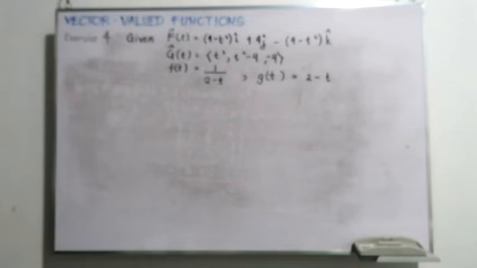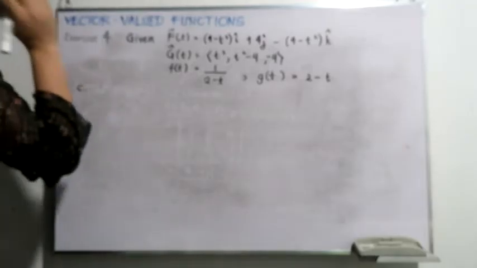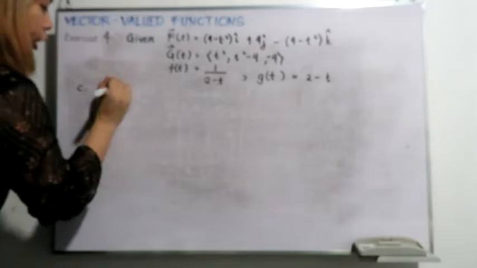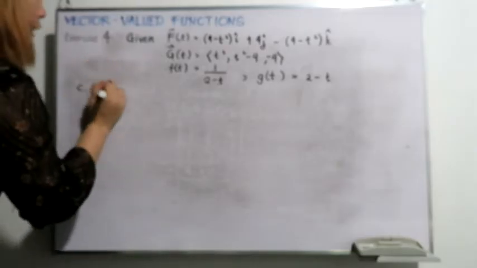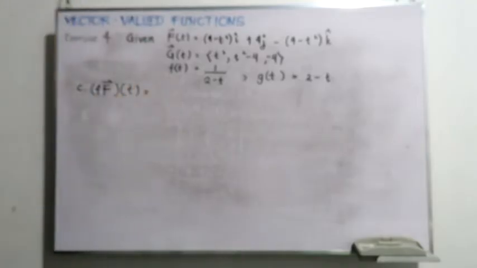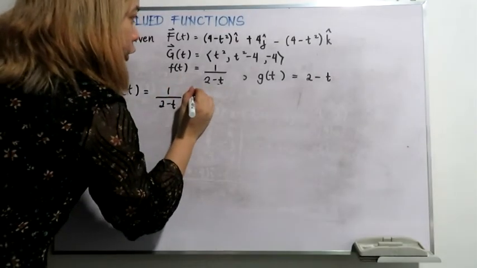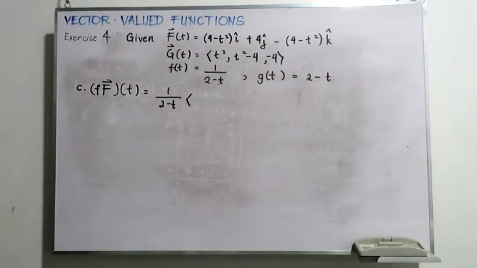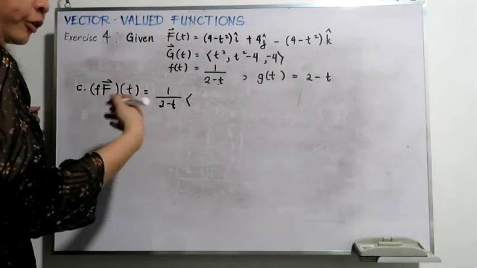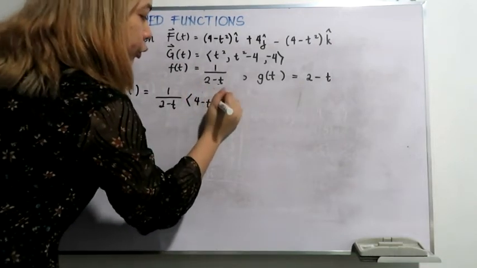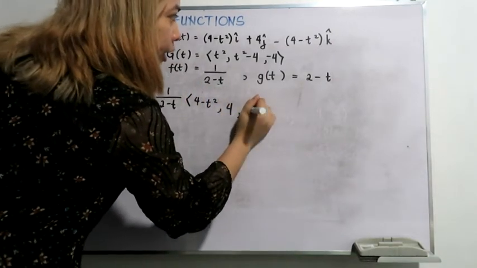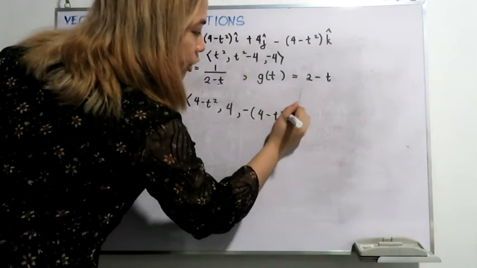This time, let's take the scalar product of small f with capital F. That is, we want f times capital F of t, which is as simple as multiplying the function 1 over 2 minus t with the vector valued function capital F, whose components are 4 minus t squared, 4, and negative quantity 4 minus t squared.